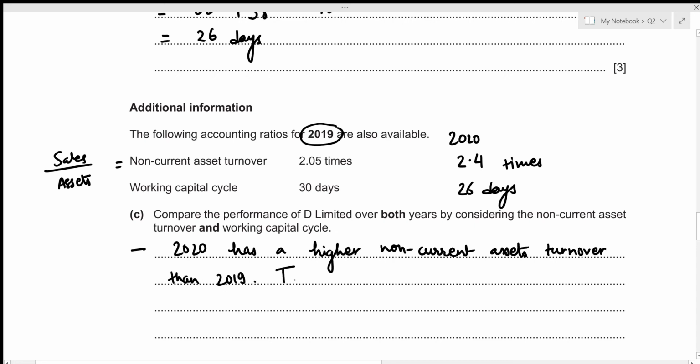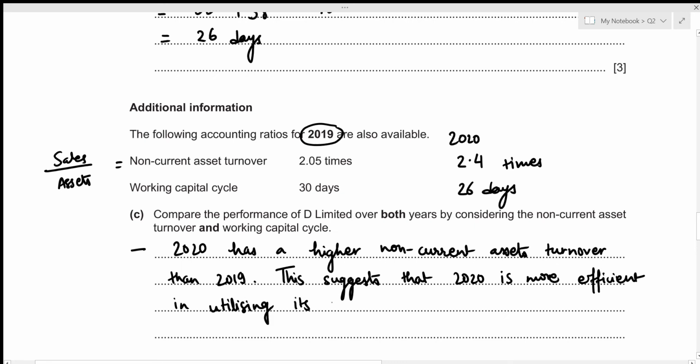This suggests that 2020 is more efficient in utilizing its non-current assets in generating revenue.